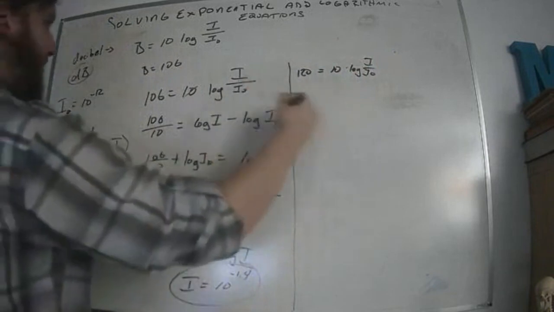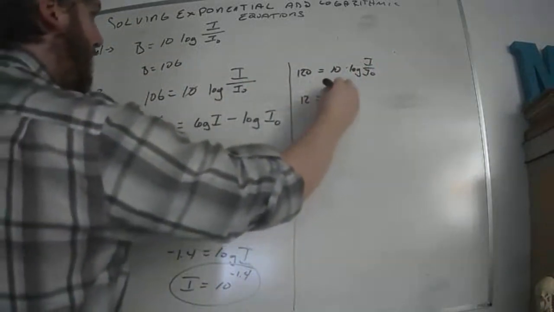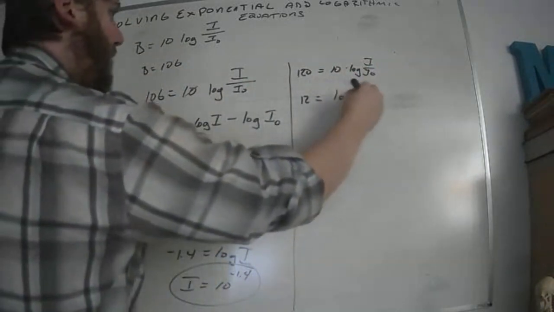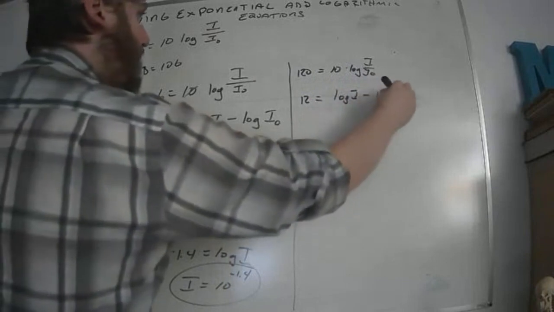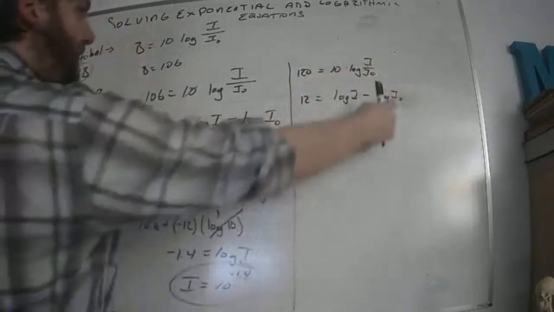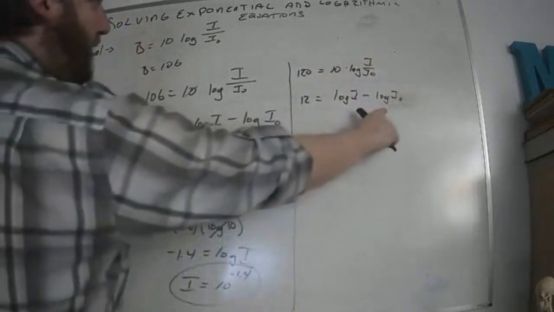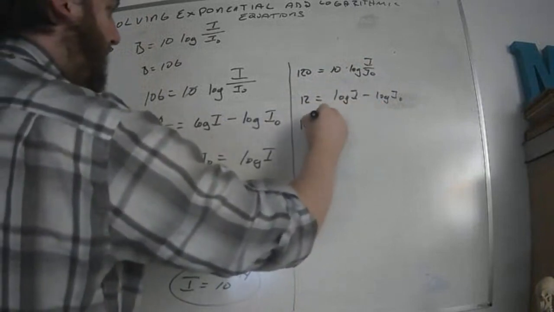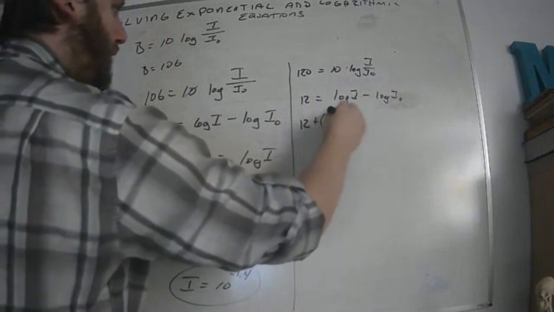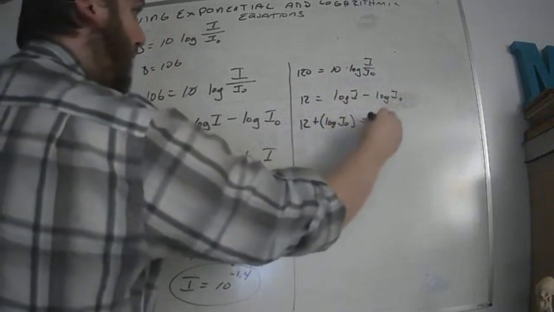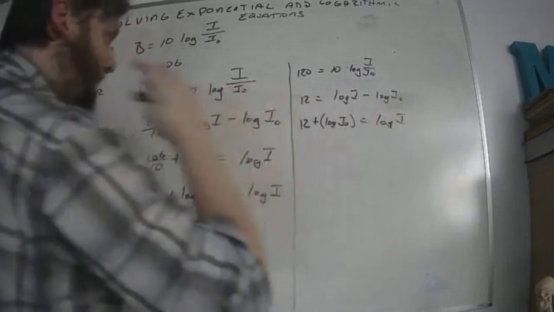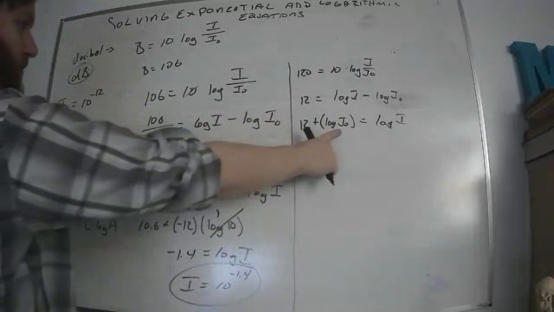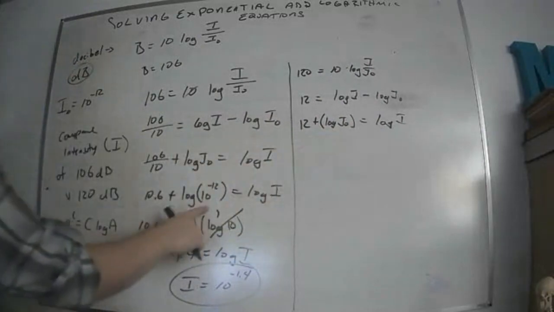So I divide by 10, end up with 12. Equals, separate the logarithms. Move this over to here. Now I remember this is 12 minus, so now plus, log I naught equals log I. Log of I naught is minus 12.